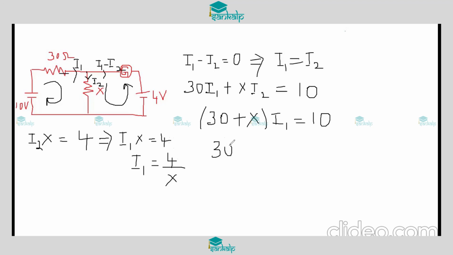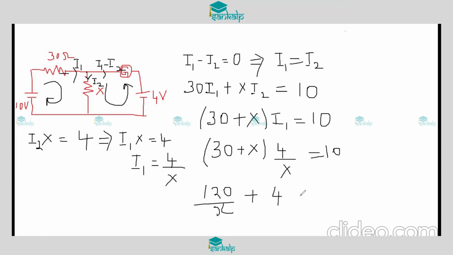So 30 plus X into 4 by X is equal to 10. So 120 plus 4X is equal to 10X.